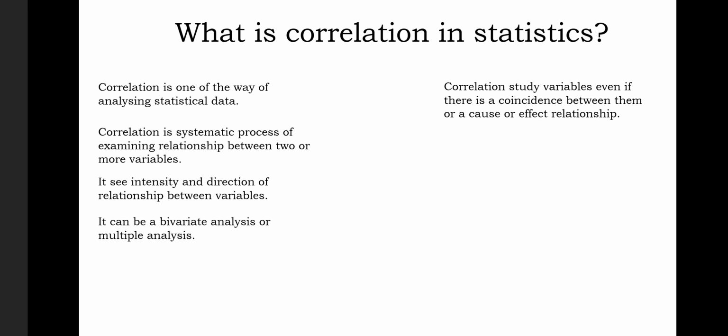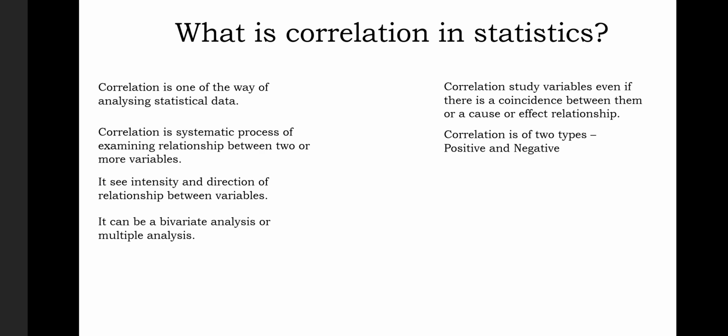Maybe there is no relationship between two variables. For example, there is no relationship between summers and wearing shoes. It is not a direct relationship, but correlation does not need any kind of relationship to study two variables. It can be a relationship of cause and effect, or there can be no relationship, which we usually call coincidence.